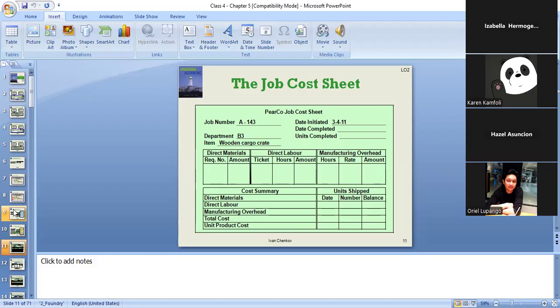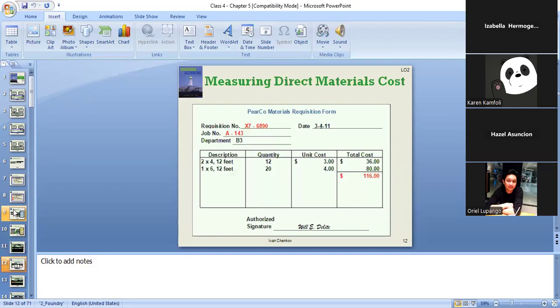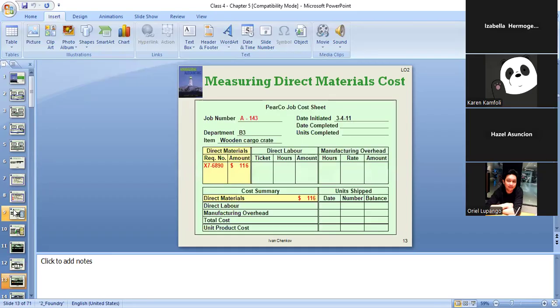So for every job, we're going to have a separate job cost sheet. We're going to get the materials directly from our inventory. We're going to see how much material was transferred to that particular project, and we're going to get the cost. Direct material is not our problem.